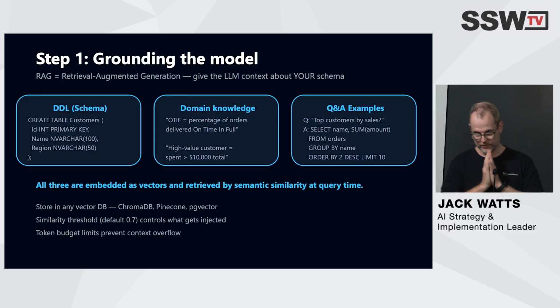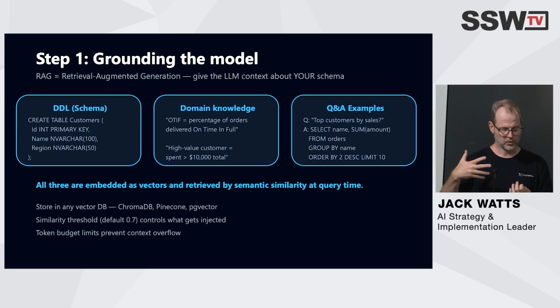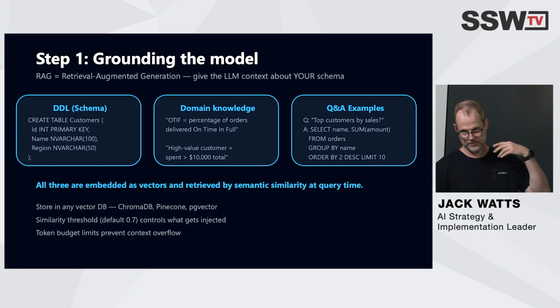I'll go into this in a little bit more depth, but in short, this is where your RAG retrieval comes in. So this is all stored within a vector database. All three of these are stored in separate collections or indexes, depending on what kind of topology you're working with. And by using these, every time a user query comes in, it's going to use a combination of: okay, this is the schema. These are the terms that I'm familiar with based on what the user request has said.